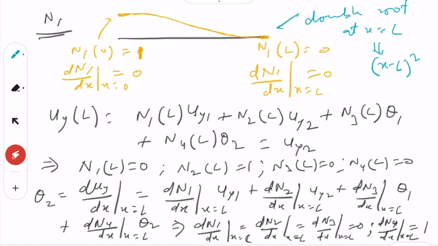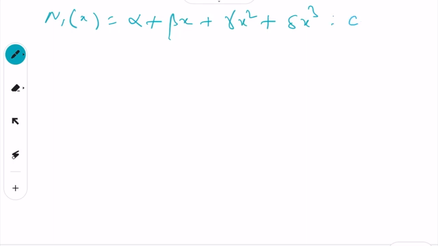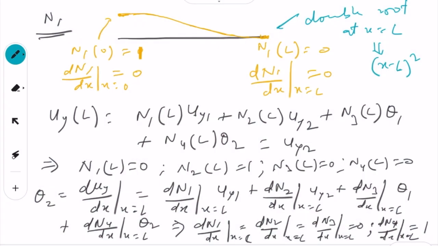Since we have 4 equations here, there have to be 4 terms in N1, so N1 will be of this type: alpha plus beta x plus gamma x square plus delta x cube. So this is basically a cubic function. N1 has to be cubic because we have 4 constants.